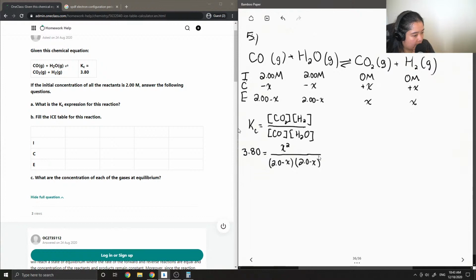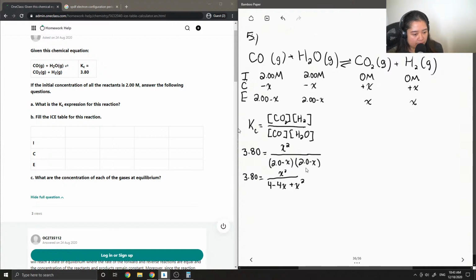Okay, so now we get this quadratic kind of expression. Let's try to simplify it and solve for x. So the goal is just to write this as a quadratic equation so that we can plug it into the quadratic formula and solve for x. Okay, so this is just using some high school math.